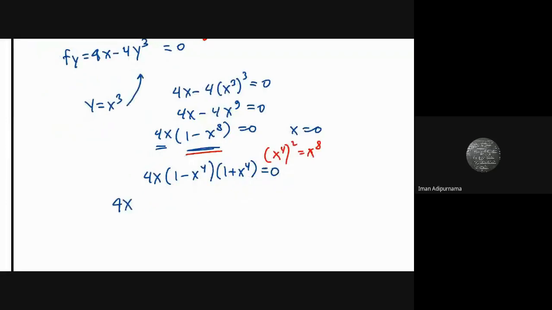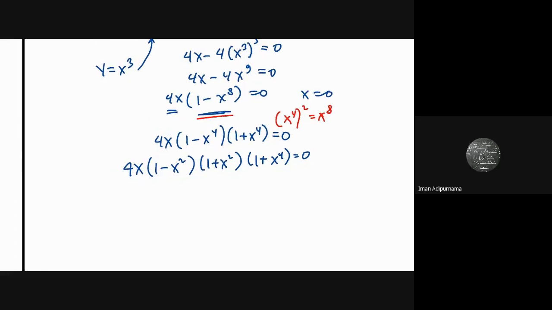And you can take this in more and leave the 1 plus x to the power of 4, and it's equal 0. So you have x equals 0, x equals plus minus 1, right?